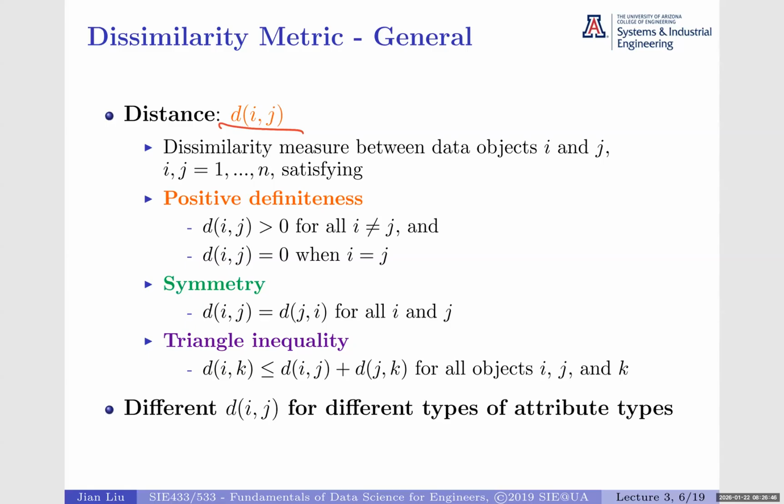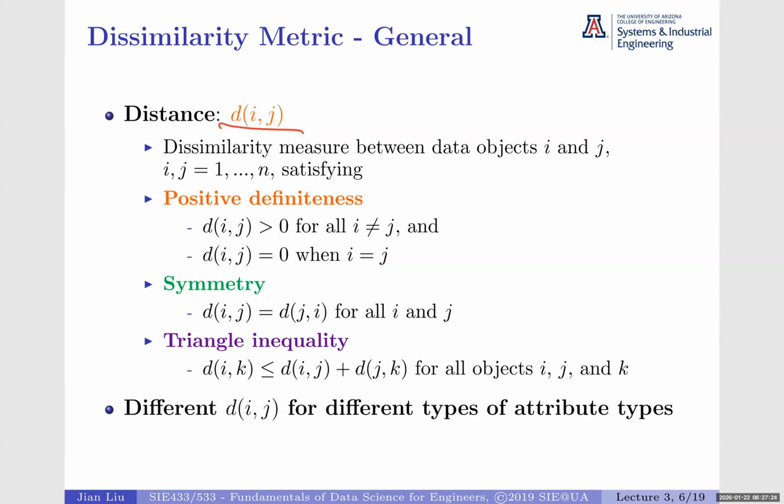Their dissimilarity equals 0 only when, given the variables we model the data objects with, they are the same. If you cannot differentiate them, it doesn't mean they are the same. It only means that in the dimensions we model them, they are the same. So, positive definite.